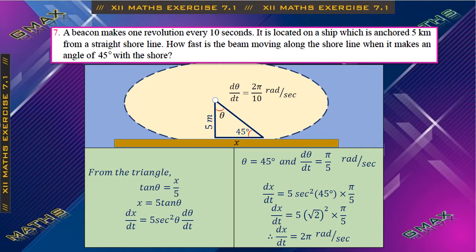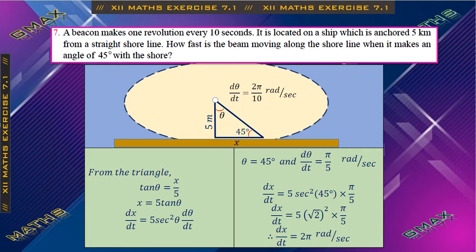It takes 10 seconds per one rotation. That means it covers 2 pi radian per 10 seconds. For 1 second, it is 2 pi by 10 radian per second. That we have to take from the question. Take time, understand what is given and what to find.